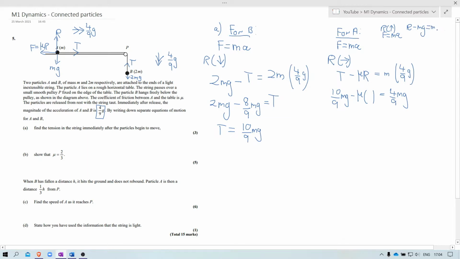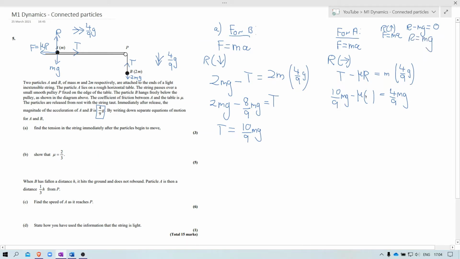And of course we know a is 0. Why is a 0? Well, I don't know about you, but I don't think this particle is flying off the surface. It's going to stay on the surface. It'd be very strange if it just started flying away. So therefore R is going to equal mg.